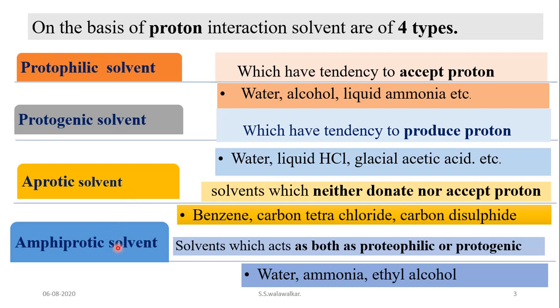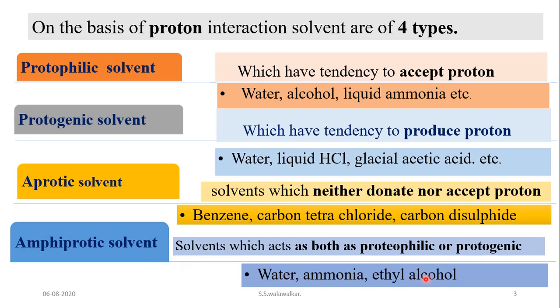And the fourth type is amphiprotic solvent. Those solvents which act as both protophilic, that means proton accepting, and protogenic, that means proton donating, are called amphiprotic solvents. For example, ammonia, water, ethyl alcohol.